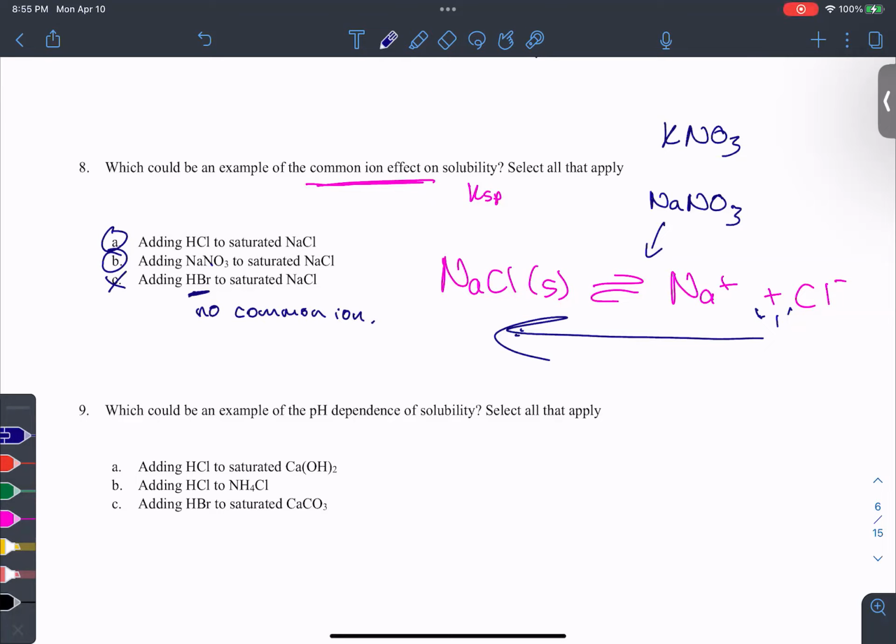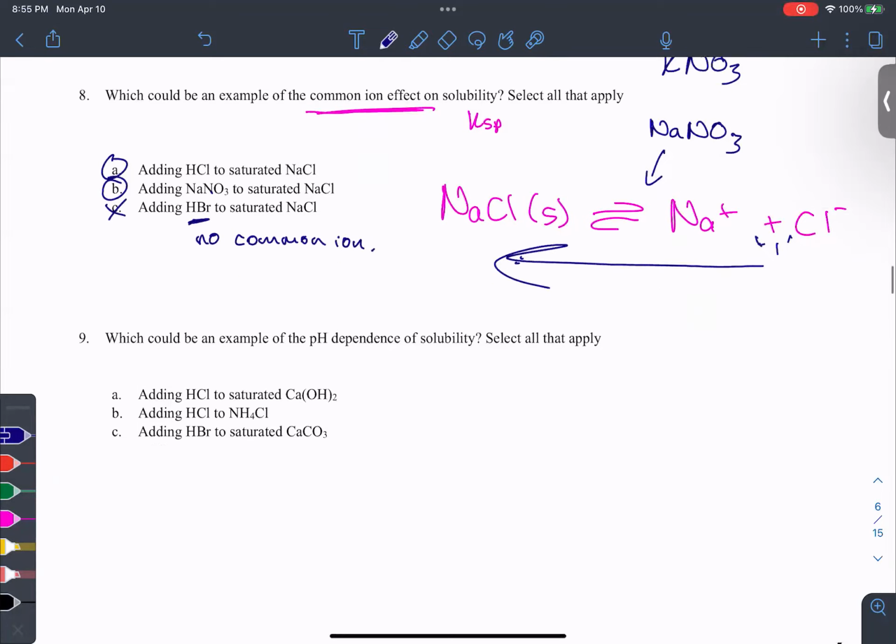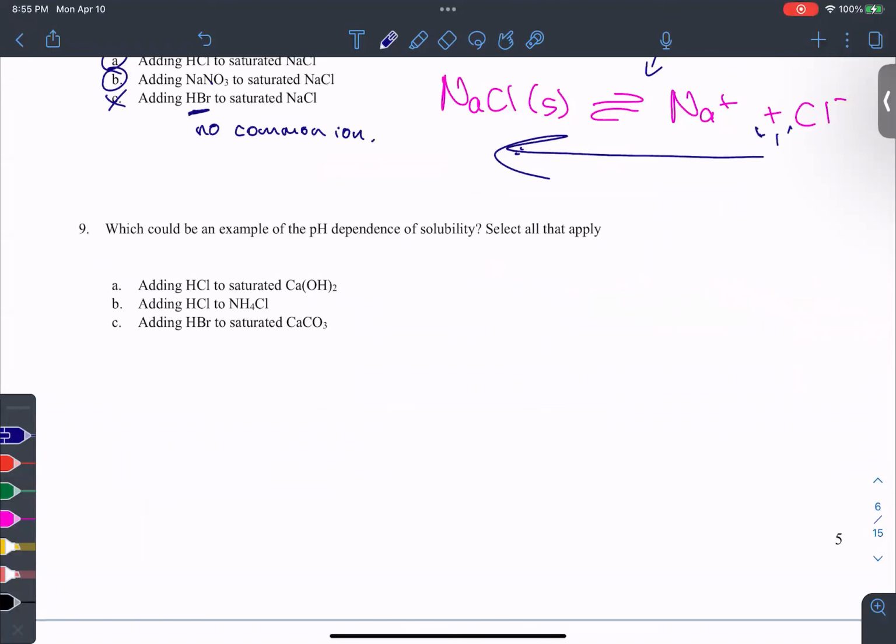Less soluble in water. Okay, which of these could be an example of pH dependence of solubility? Select all that apply. So typically, if a solid is going to be more soluble in acidic or basic conditions, it's typically acidic conditions, right?